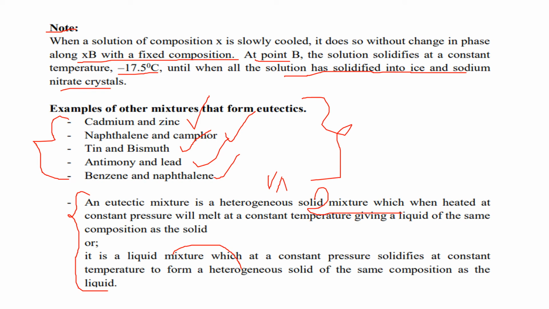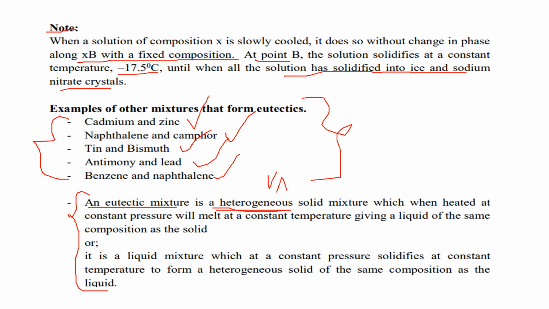So you go with the one in which you find comfort, or which you can remember easily. But what we don't want you to miss out is this keyword: you need to include the word heterogeneous. If you have spelling problems, make sure that you practice this word every day, because it's one of the marking points of the eutectic mixture.